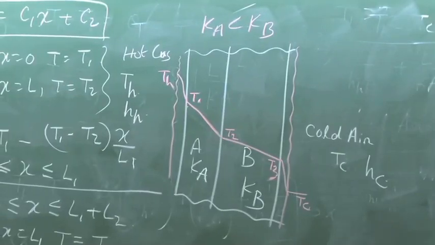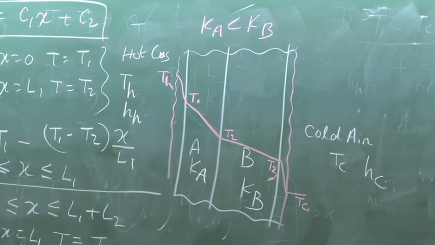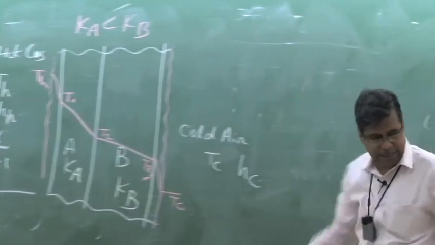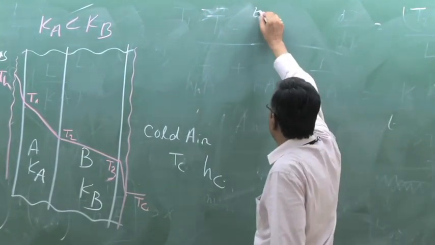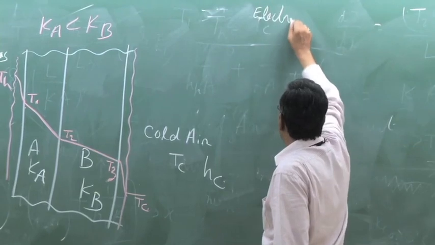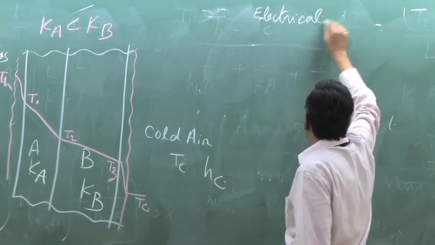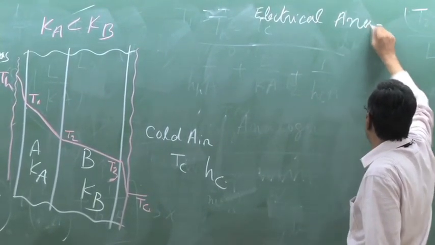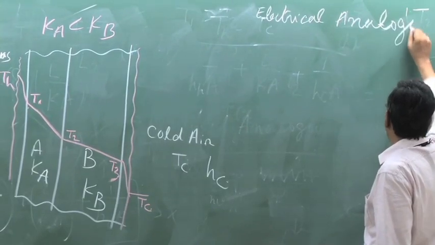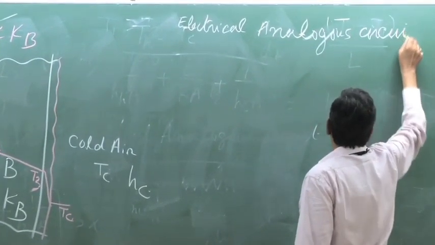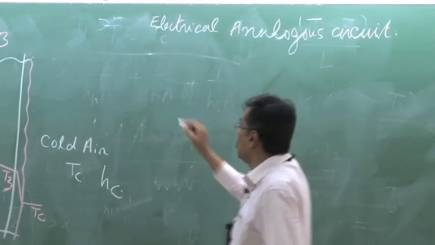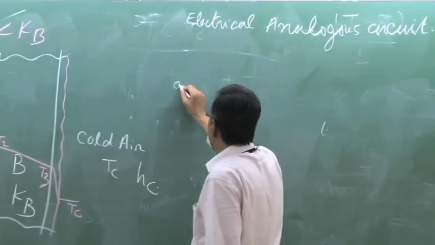Now if this composite wall with convection boundary condition is shown in the electrical analogous circuit, then what we do? We show it like this.